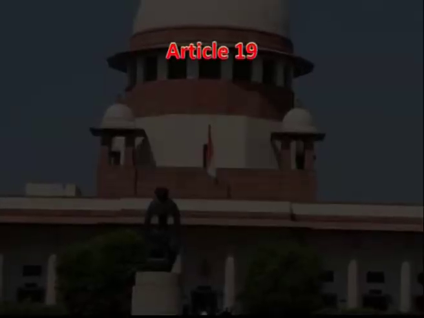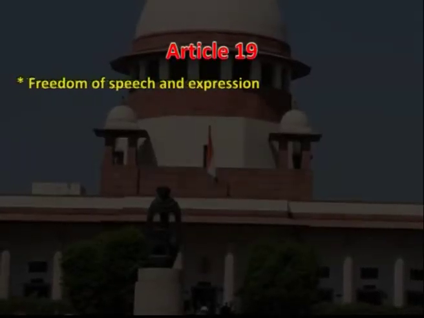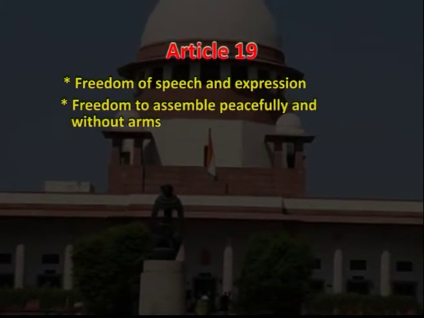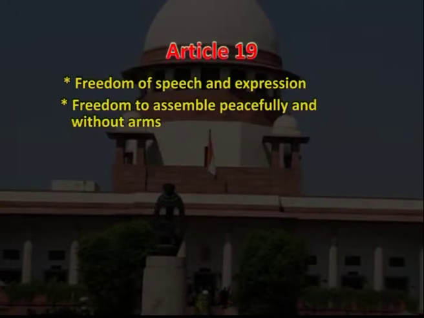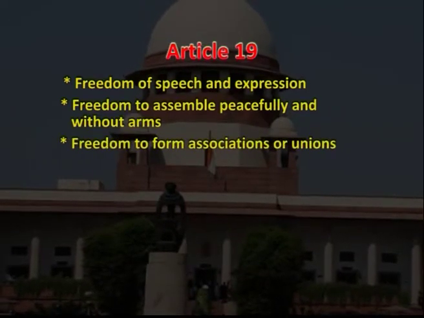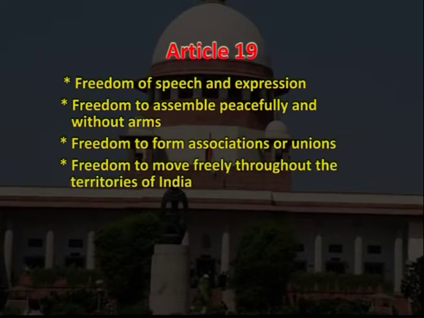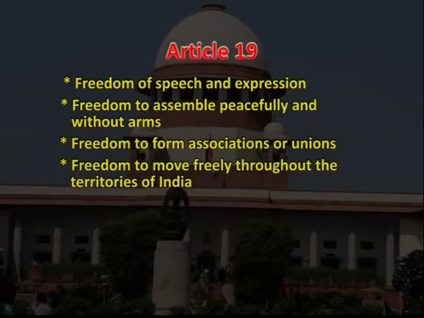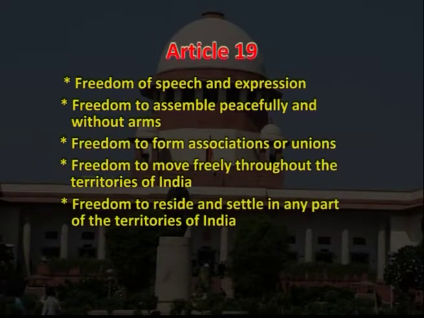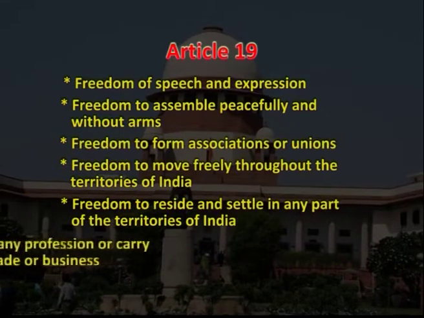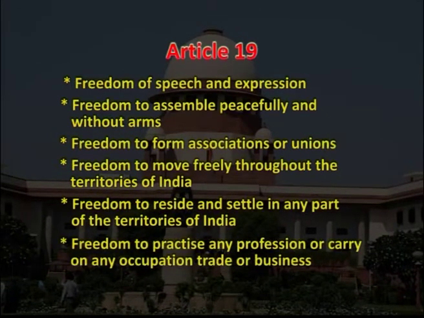The existing 6 freedoms are freedom of speech and expression, freedom to assemble peacefully and without arms, freedom to form associations or unions, freedom to move freely throughout the territories of India, freedom to reside and settle in any part of the territories of India, and freedom to practice any profession or carry on any occupation, trade or business.